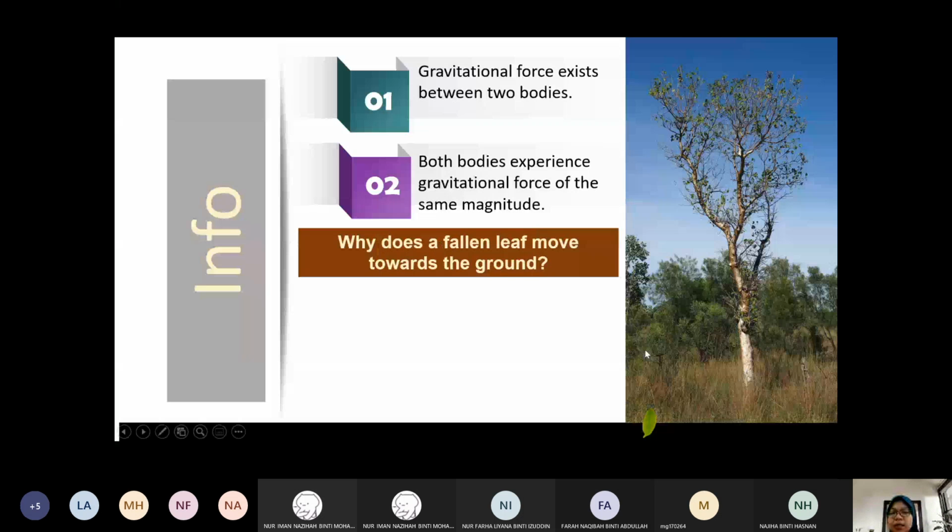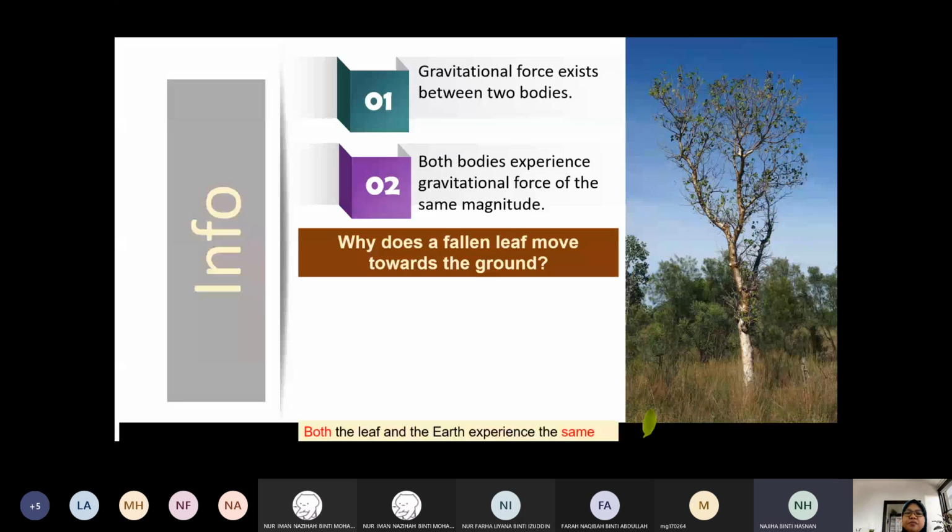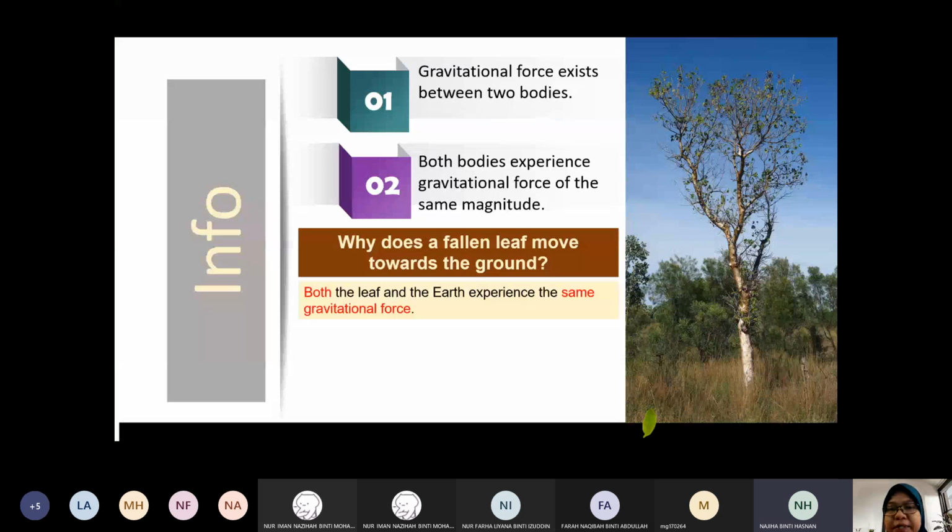So if you look at this, what are the two bodies when a leaf moves towards the ground? What are the two bodies for this? The leaf and the ground. Leaf and the ground or the leaf and the tree? Okay. Leaf and ground. Okay, very good. The leaf and the ground.